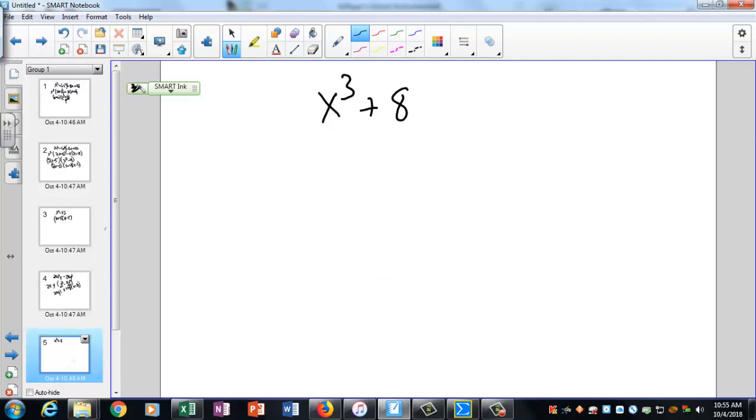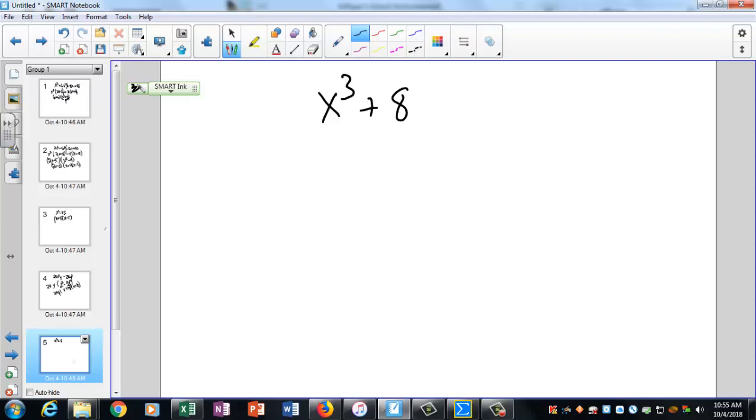All right. As we do number 5, you've never seen number 5, so I'm going to kind of walk you through the idea and then I'll give you some more to practice. This is what we call the sum of two cubes. And the reason why I call it the sum of two cubes is this.